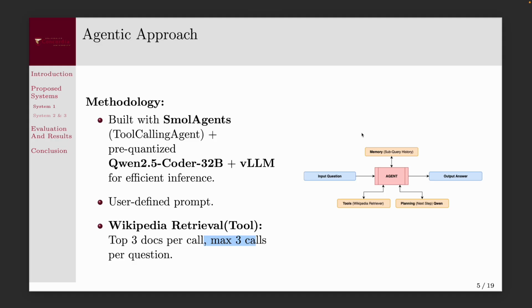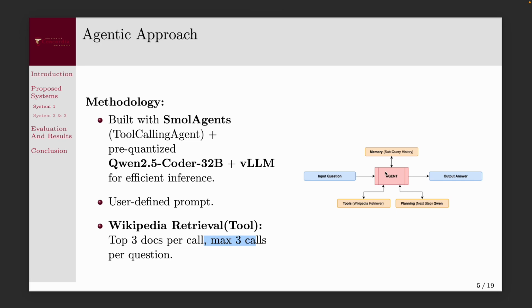We provided a user-defined prompt specific to this shared task, instructing it to decompose the input question into a subquery. This subquery is given to the tool to retrieve the top three relevant documents, and it then uses this information and the subquery to formulate the next subquery, and so on in a chained fashion.